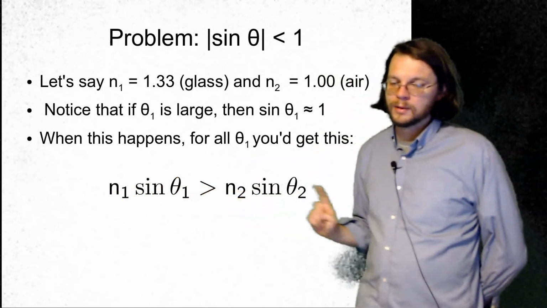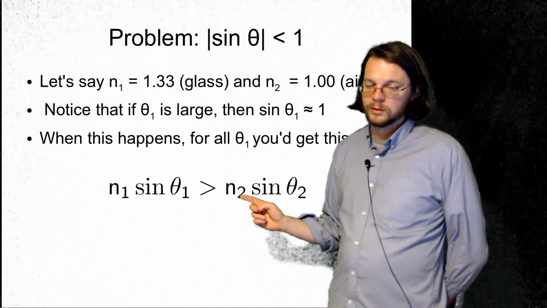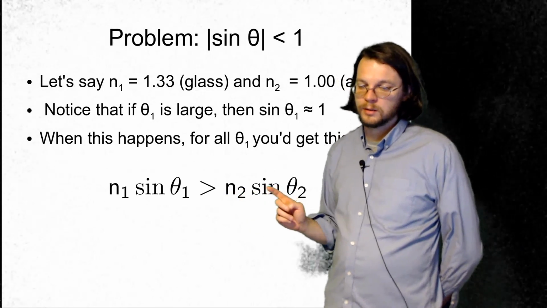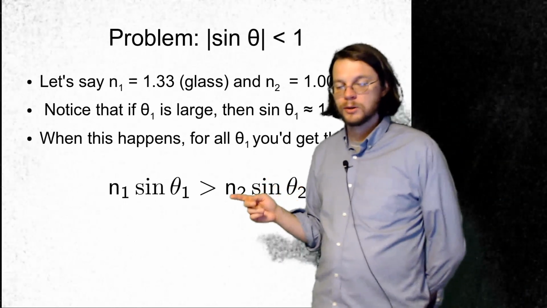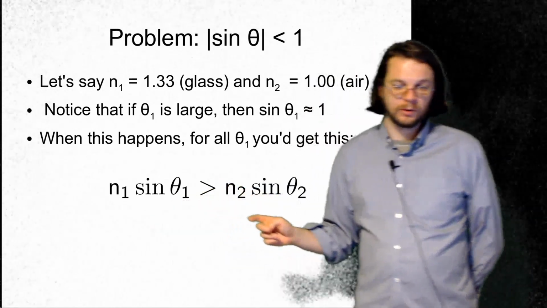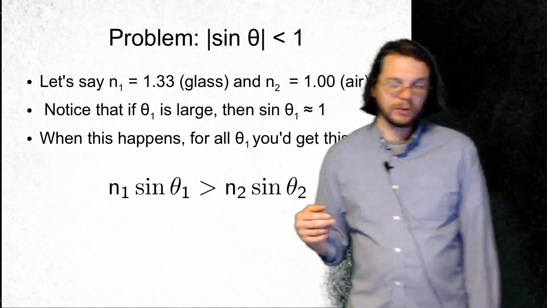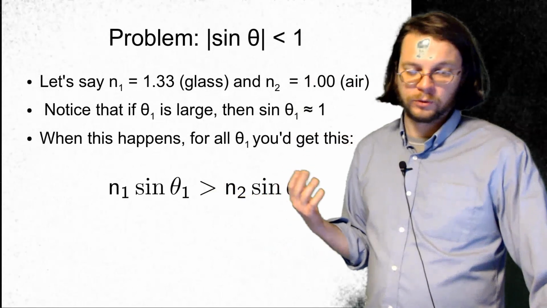There's no way that this can add up to 1.33 if, for example, the index is 1 and the sine function maximizes at 1. So there are situations in which there's simply no way that these two things can be equal to each other. And as Walter Lewin discussed, that's called total internal reflection.